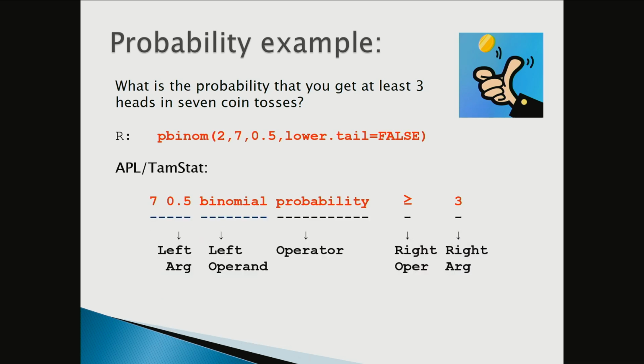But if we take a look here, you can see that we have the parameters as the left argument, and then probability is the operator. The left operand is binomial, the right operand is greater than or equal to, and on the right is the value that's of interest. And so if you were to type that in, you would come up with a probability. So what I want to do is let's go into, I'm going to give you a demonstration of TamStat and see how that works.